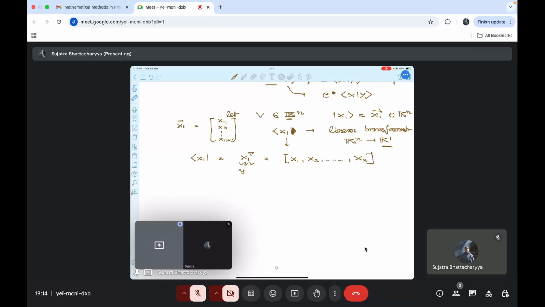Now x1, this bra notation where you are doing a linear transformation, will be x1 transpose. This is how it can be written.